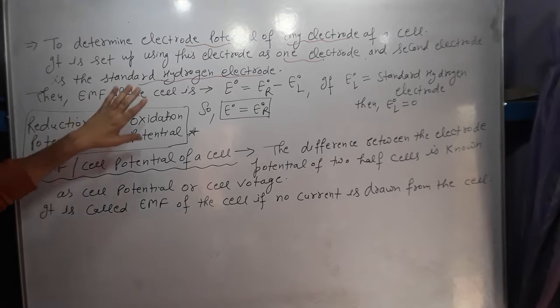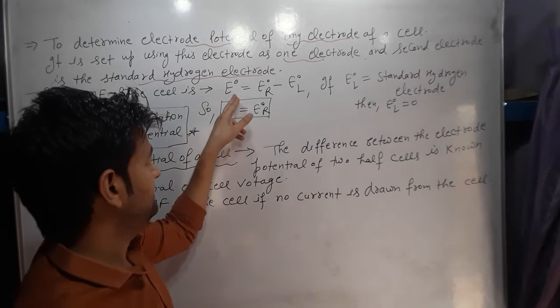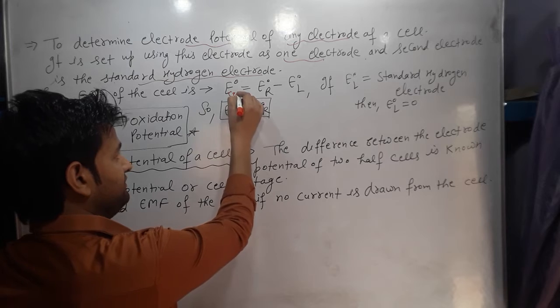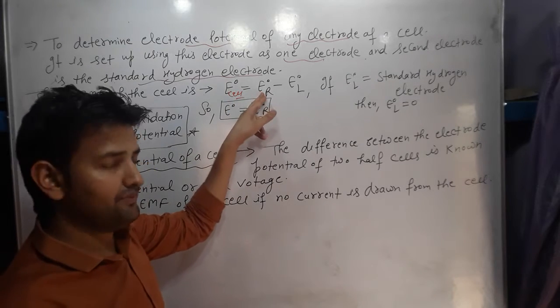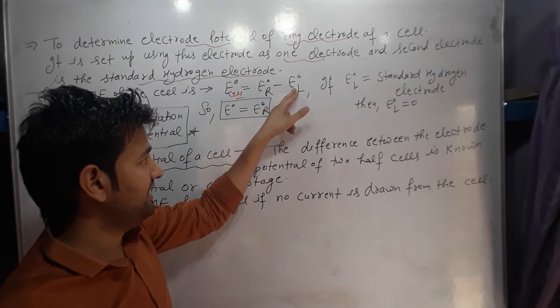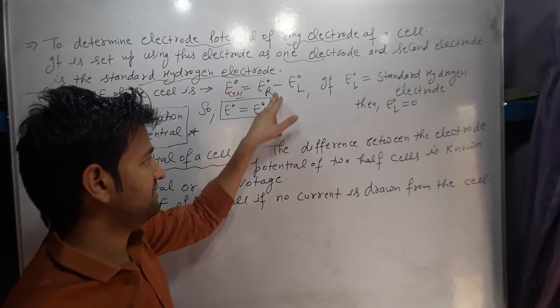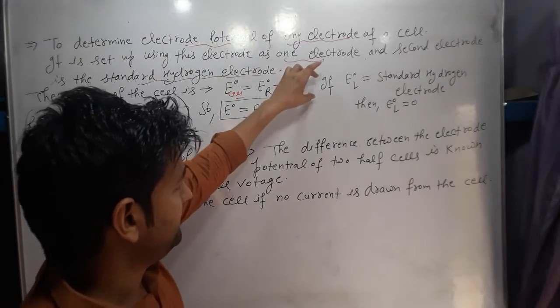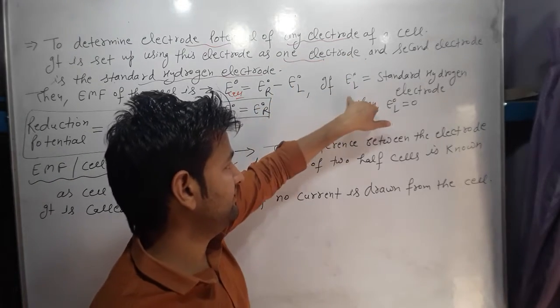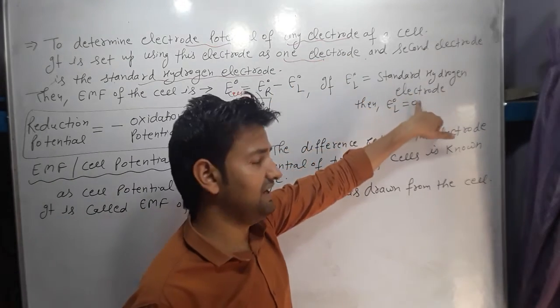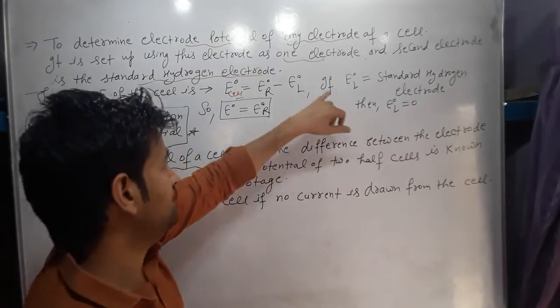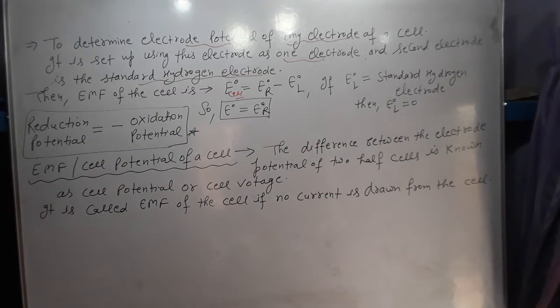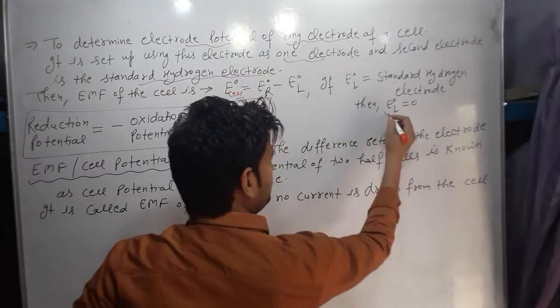Then EMF of the cell can be calculated as E naught of the cell will be equal to EMF at the right side electrode minus EMF in the standard condition at the left hand side. अगर हमें E naught L, it means it is the standard hydrogen electrode. If hydrogen is taken on the left hand side, then its EMF will come out to be 0.